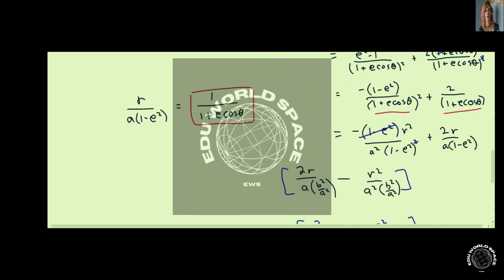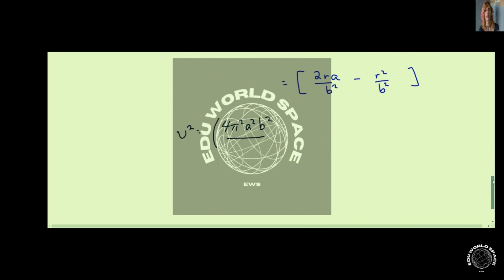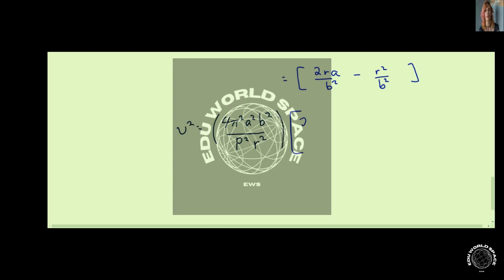Divided by P squared, R squared. And if I carry through, what I notice is that the B squared cancels on both terms, which was really making me happy.